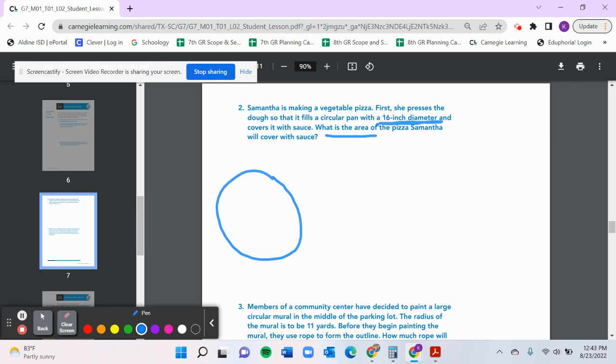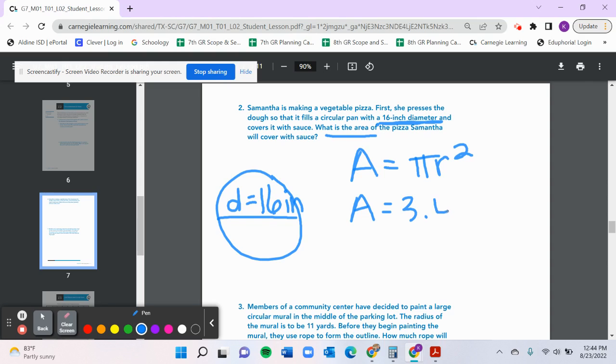So we've got a circular pizza with a diameter of 16 inches. And we're going to simply locate the formula for area and solve using what we know. So the formula for area is equal to pi r squared. And we're going to fill in what we know. Area is equal to pi, which we know is 3.14.